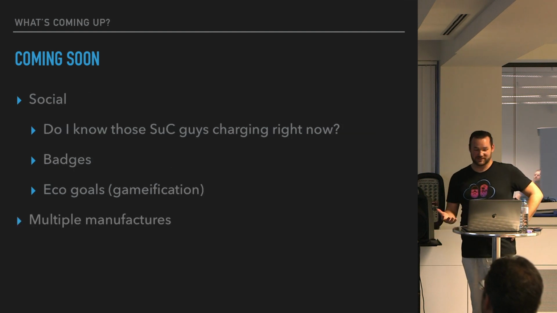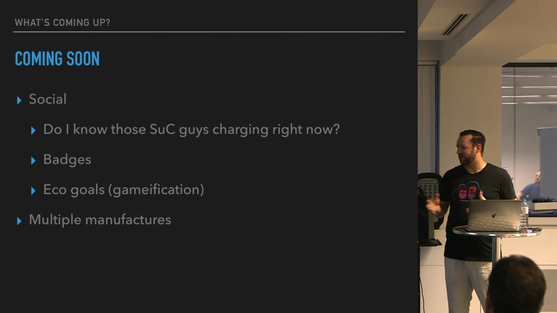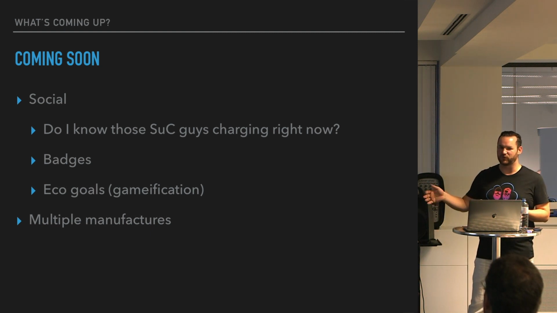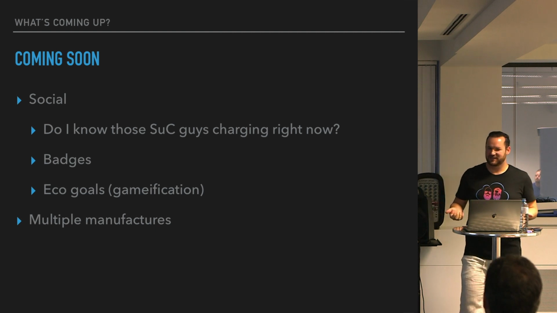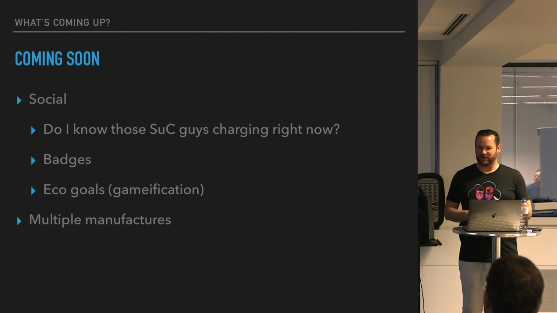Then maybe some social stuff. If I charge my car at a supercharger and look at the other cars next to me, I wonder if I might know someone charging right now. This could be done very easily if two people are using this application. You can easily see if someone next to you is someone you already met at a supercharger. And you can have something like badges.